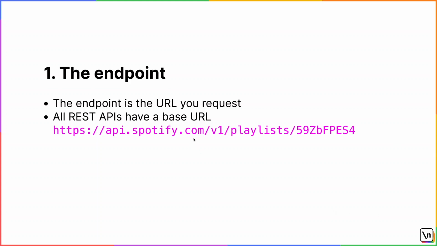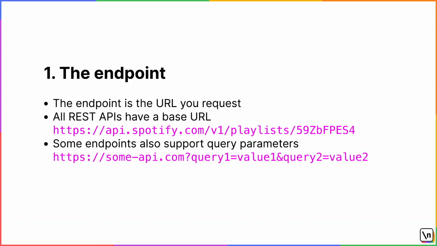And note that v1 in this Spotify API base URL is not part of the path. It's a common convention for APIs to add a version indicator like /v1 to their base URL, so that if there's breaking or major changes in the future, a new v2 base URL can be created, leaving the v1 API available for use. Some endpoints also support query parameters, and query parameters give you the option to modify your request with key value pairs.